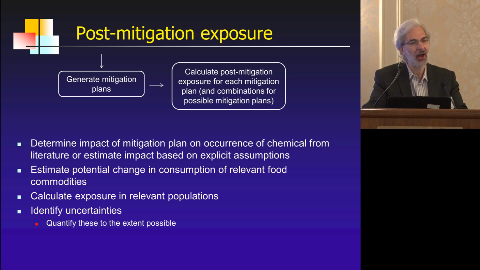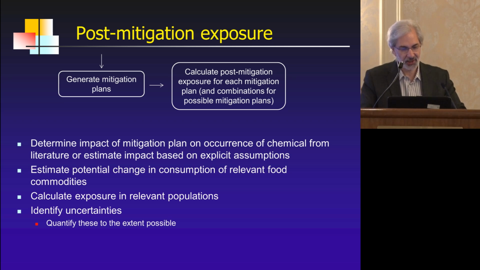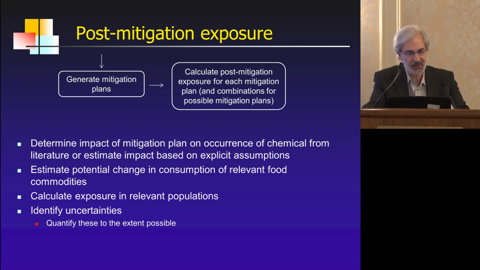But we've got an idea of how much they will reduce it by. And for some recommendations, it's probably very little. And then calculate or estimate the exposure in the relevant populations. And as has been pointed out before, here and elsewhere in this, we need to identify the uncertainties and quantify them to the extent possible. Absolutely essential.